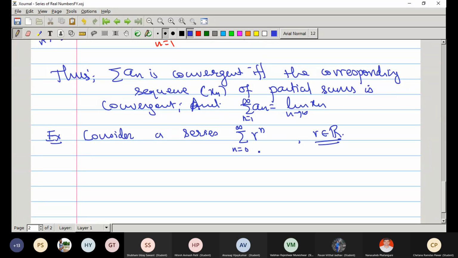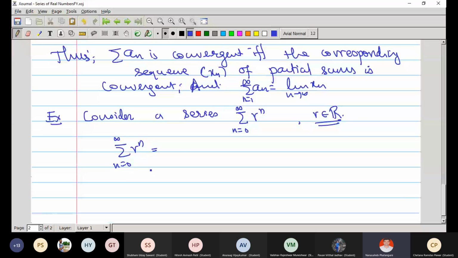Now basically what is this series? I am starting n from 0 to infinity; the notation doesn't matter. I have a sum of infinitely many numbers: 1 plus r plus r square, and so on. This is an infinite sum.